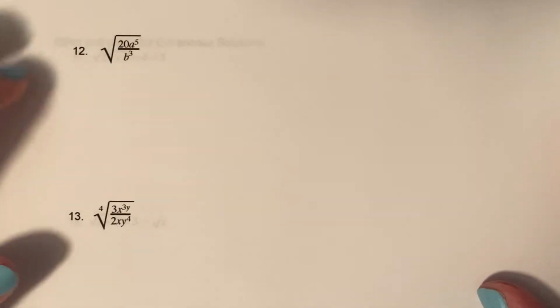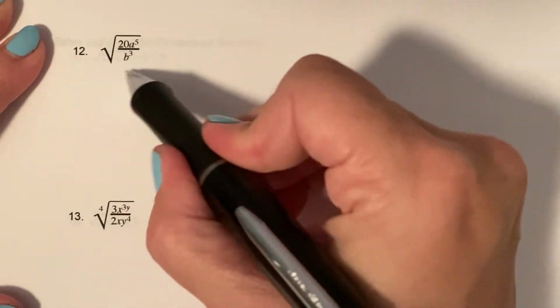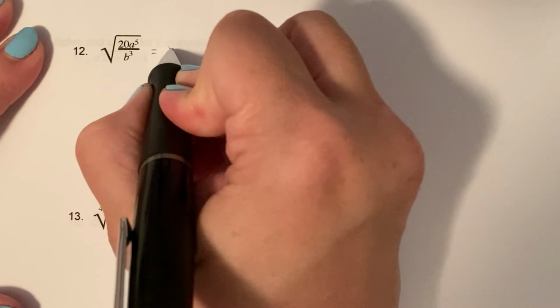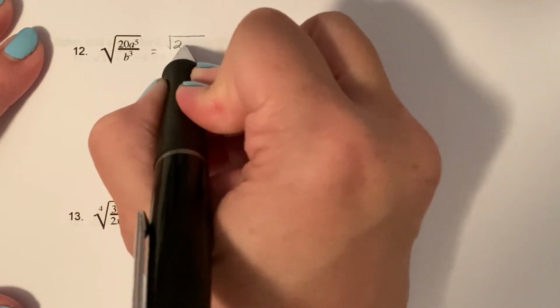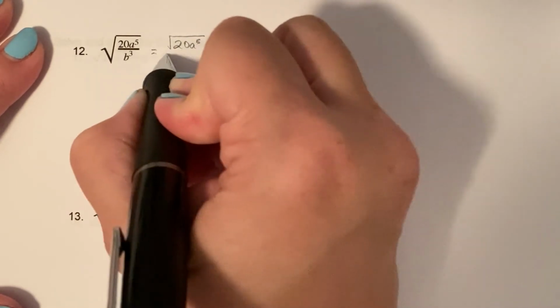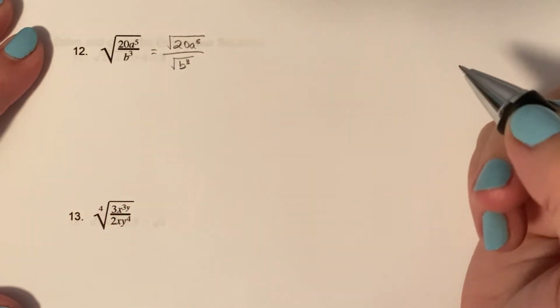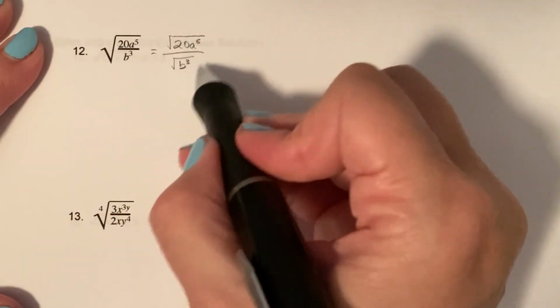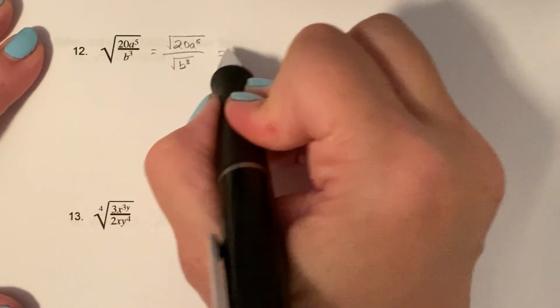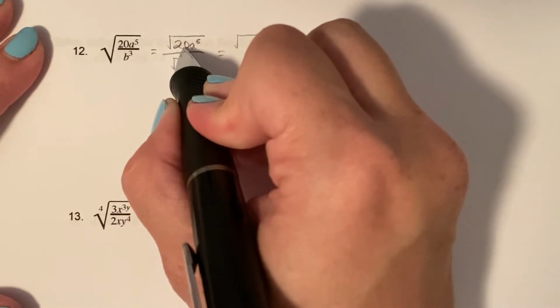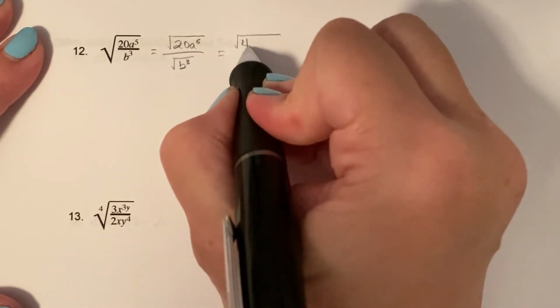Okay, now for division. So when you have this, remember you have to separate it into 2 different square roots. Now we reduce the radicals if we can. So the perfect square that goes into 20 is 4.